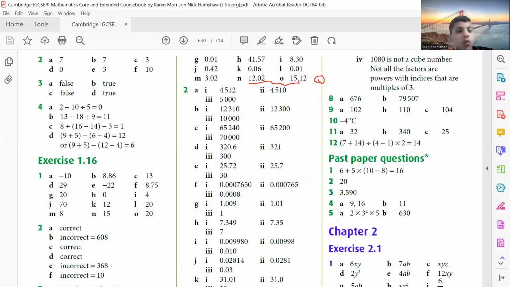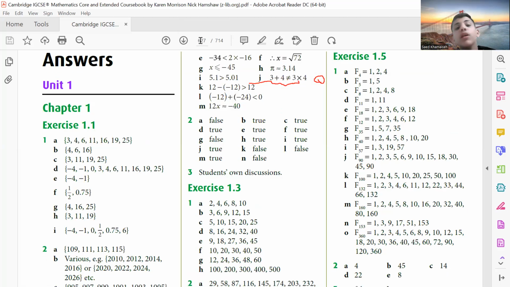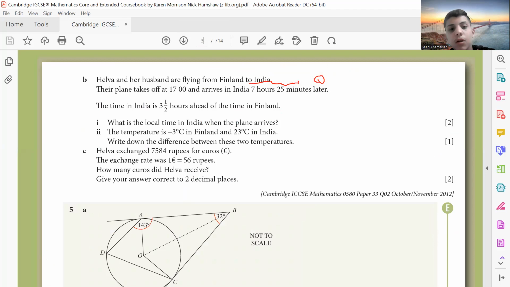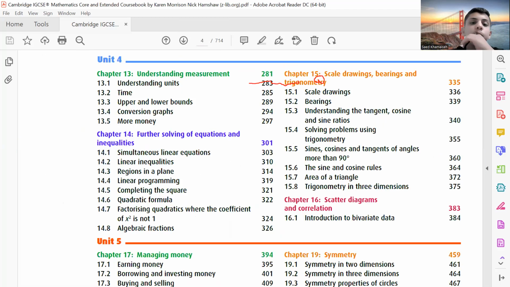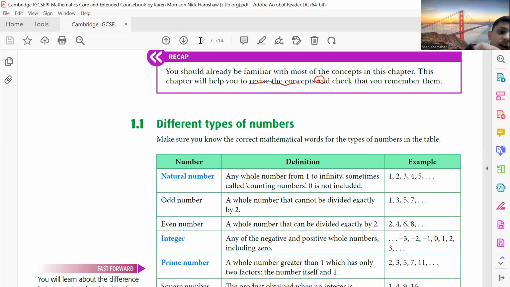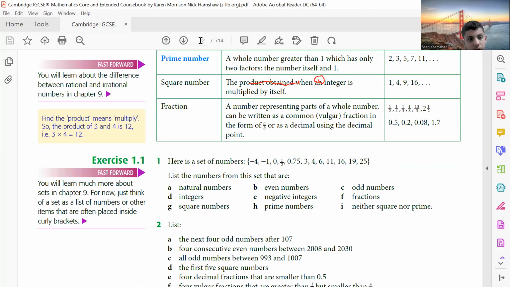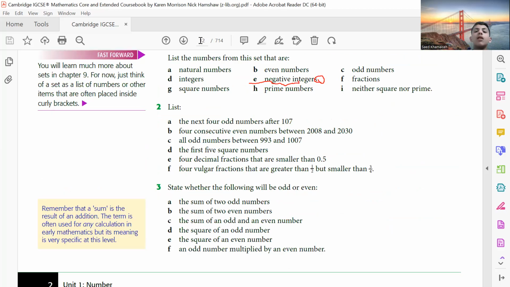If we want to know the correct answer, here it is. Here we finish the first item in this lesson, which is about the different types of numbers.